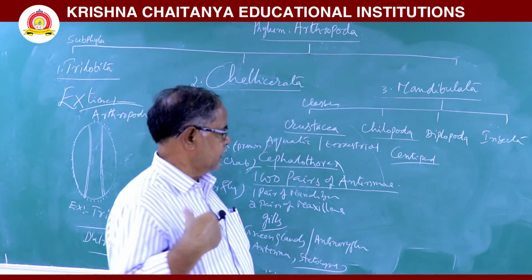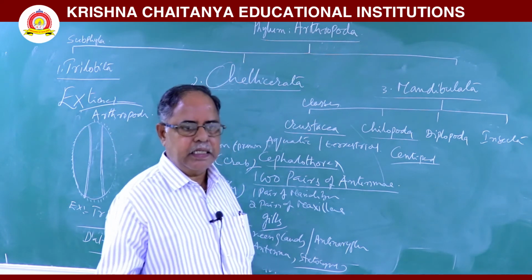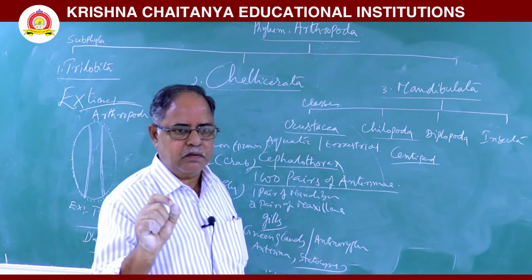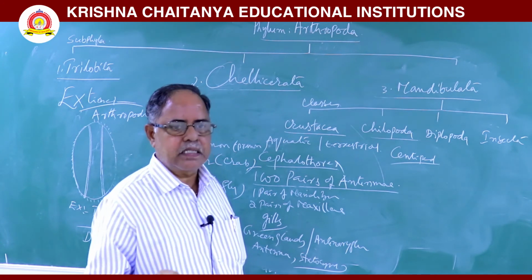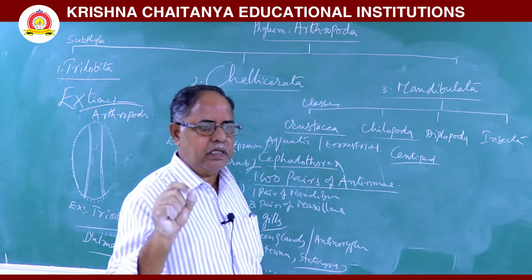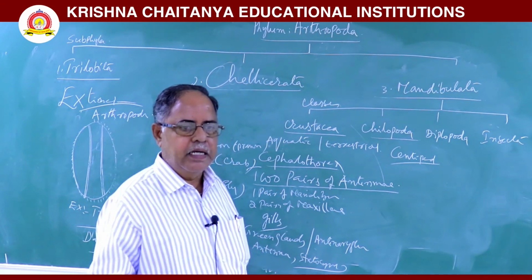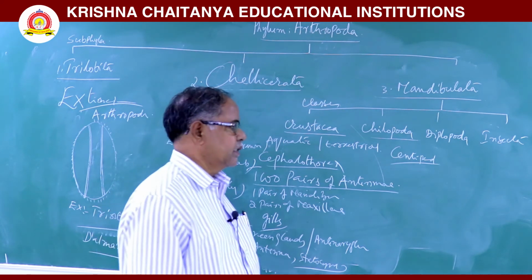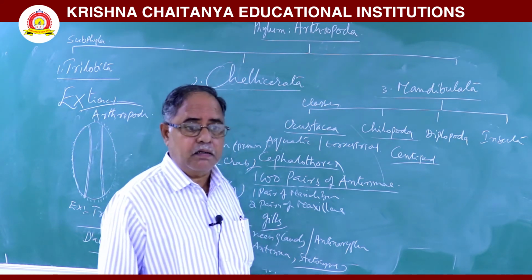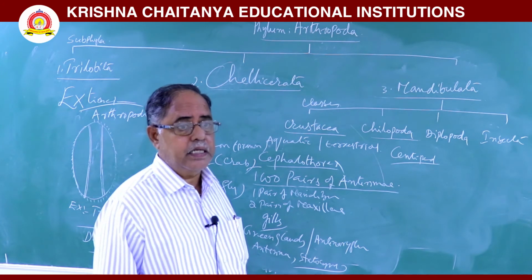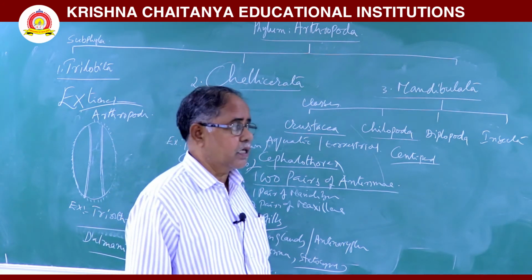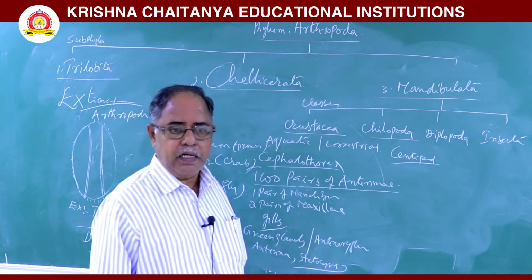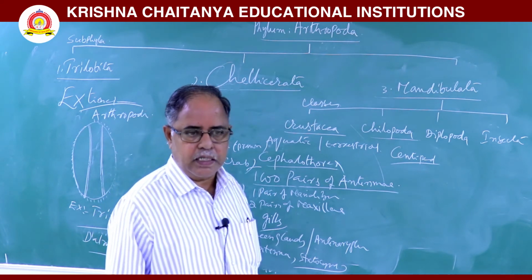Each trunk segment bears one pair of clawed appendages. The first pair of clawed appendages is modified as a poisonous claw. The respiratory organs are trachea, the excretory organs are Malpighian tubules, and they are carnivores.